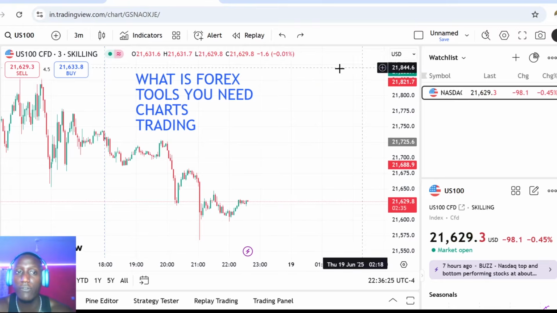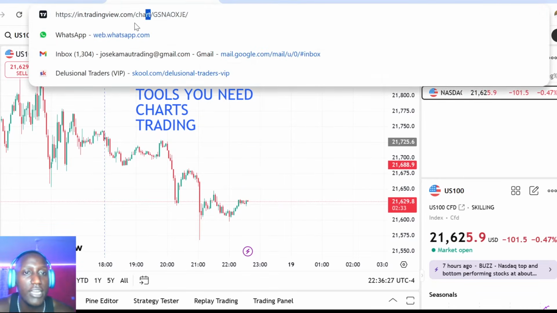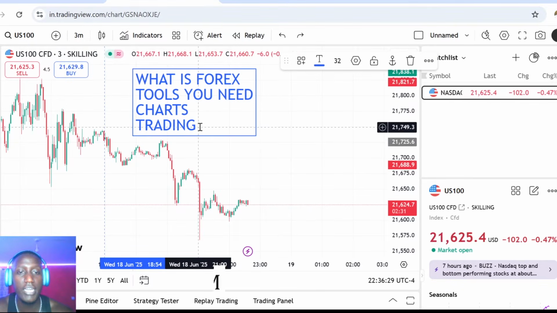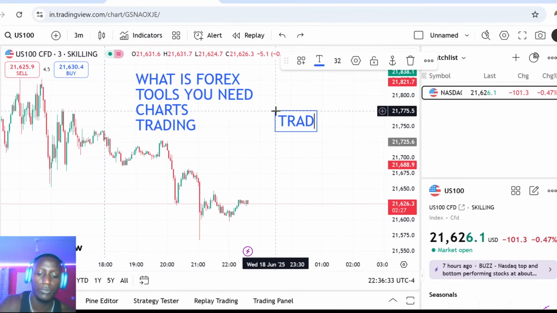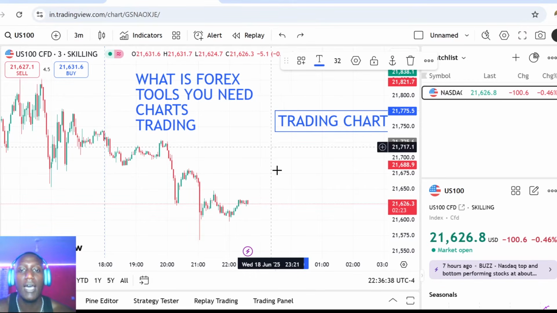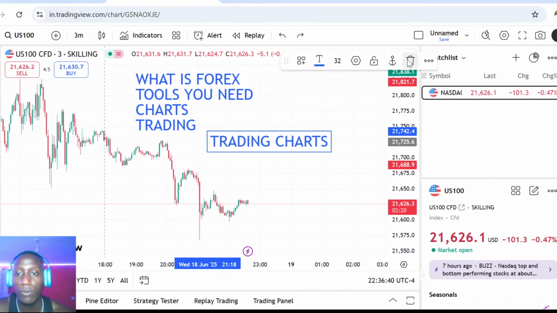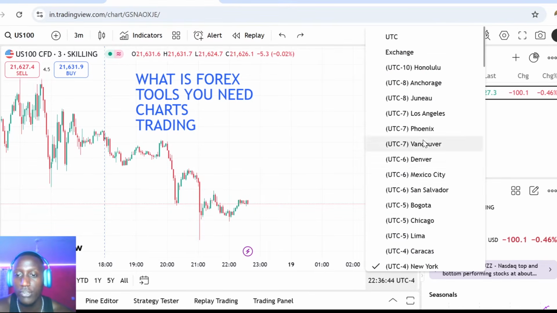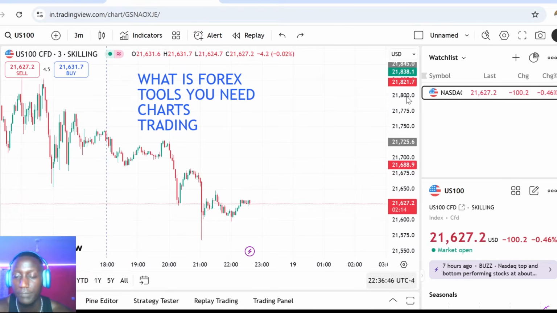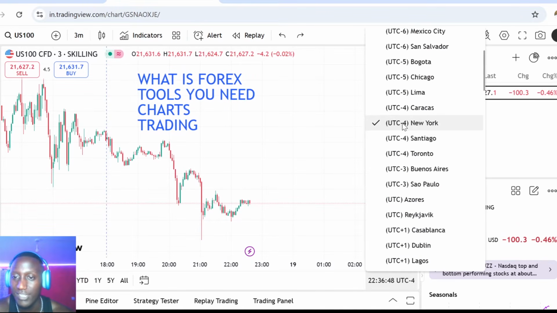Now, this platform I am using is called TradingView. TradingView.com. So go to TradingView.com and sign up so that you can access these charts. And with TradingView.com, all you need to understand is that number one, we usually use the New York time. So come down here, change your time to UTC -4.